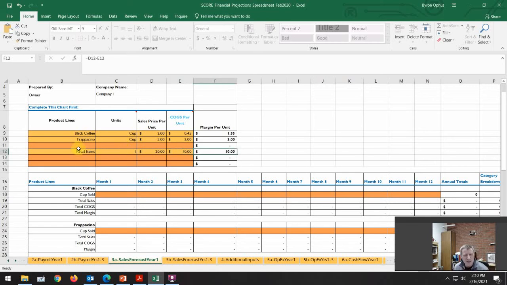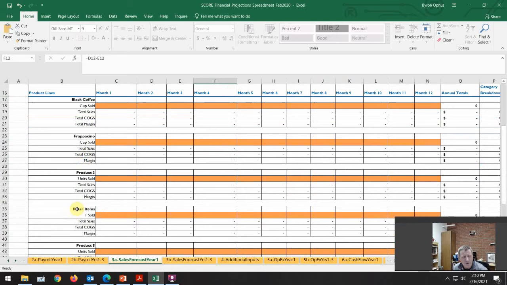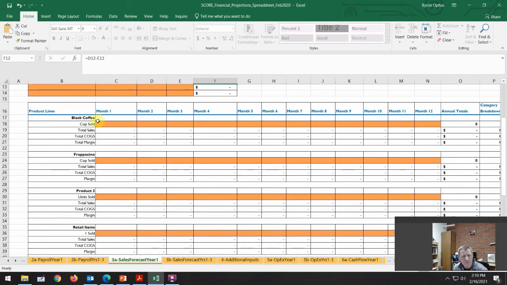I skipped one line. Got to be a little careful when I go down below, but it shows up here, right? So black coffee, and here's the things you have to think about. This takes some sense, because sometimes I will sit and do the math in my head, at least to see if it's rational or not. I might say to myself, well, how many cups of black coffee am I going to sell? I might sell 10 per day.